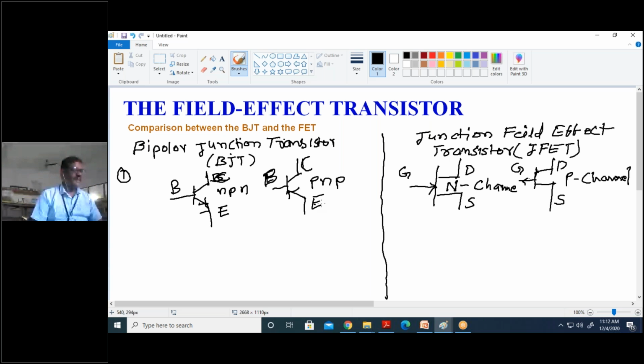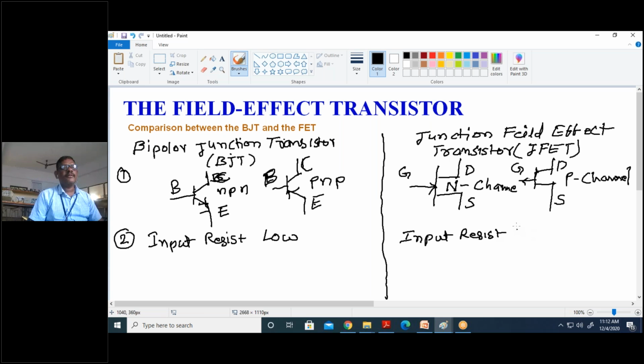The second point is input resistance. BJT input resistance is very low, but in JFET input resistance is high.